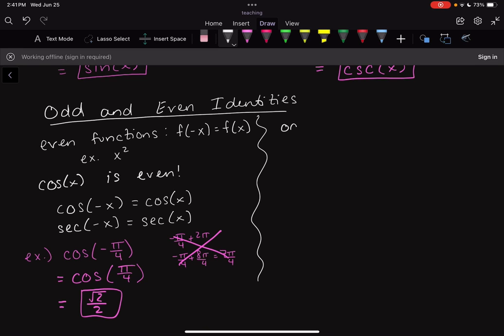Now let's talk about odd functions. Odd functions say that if you plug in a negative, it's the same as if you just put a negative in front and plugged in a positive. An algebra example of this would be x cubed.